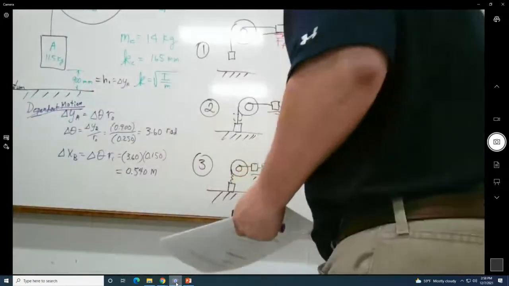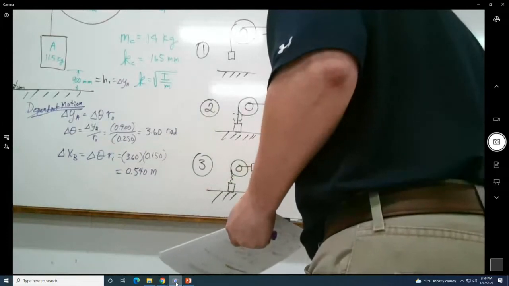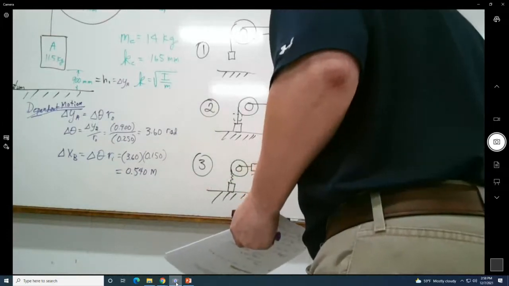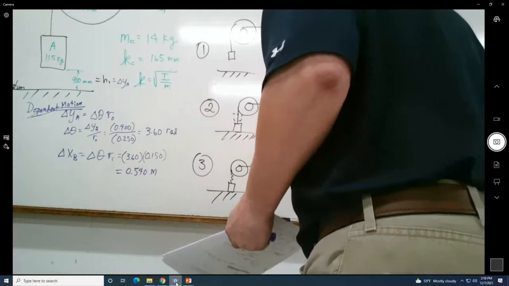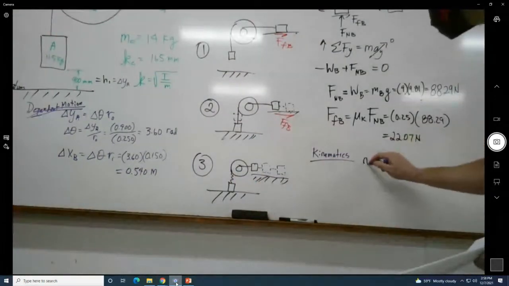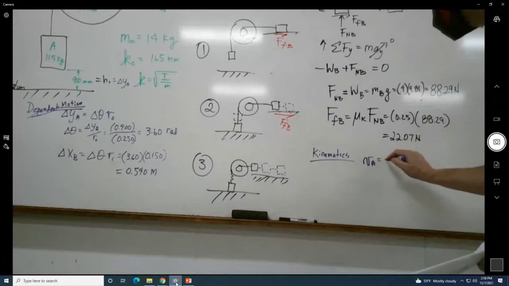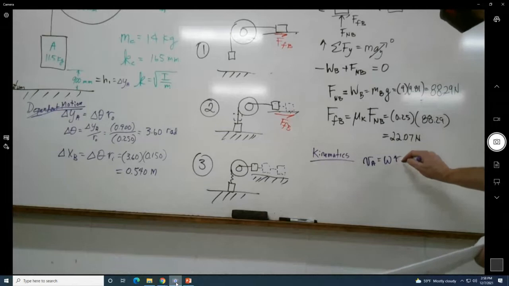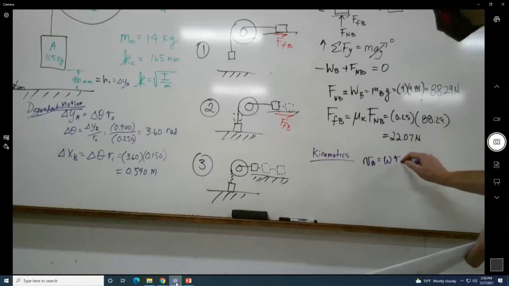And while we're here, we also have some kinematics that are almost identical to that, right? We could say that the velocity of A is equal to omega times RO, right?